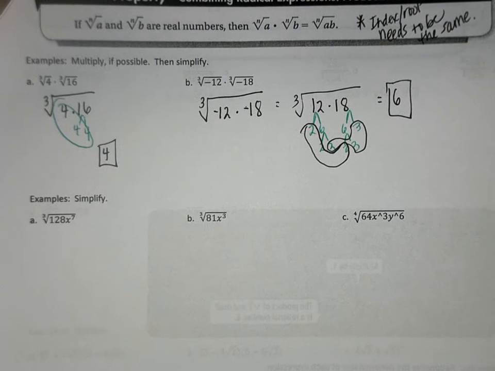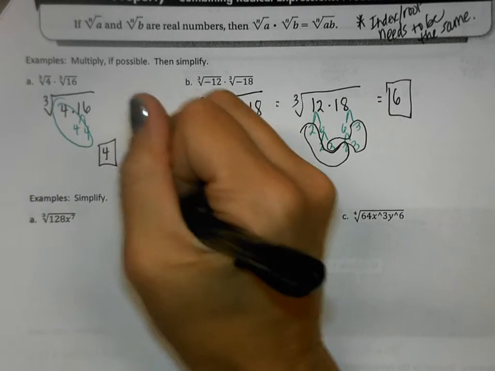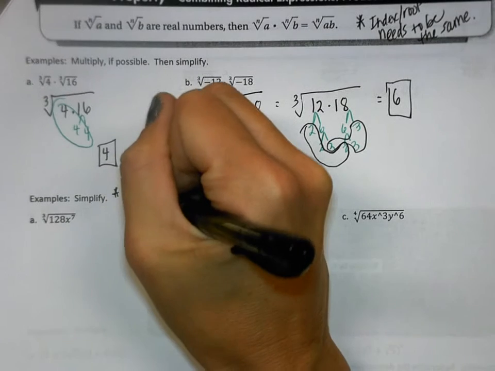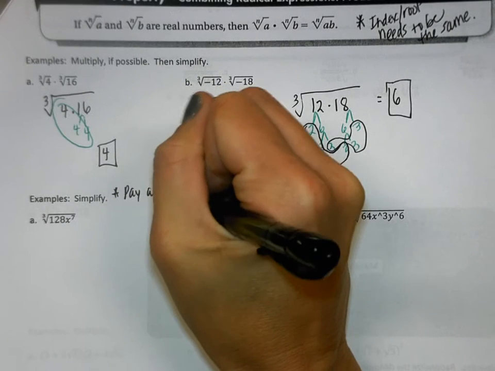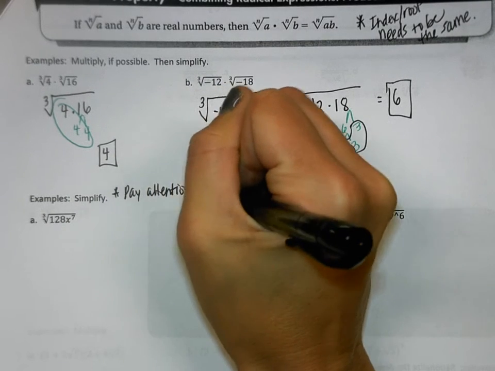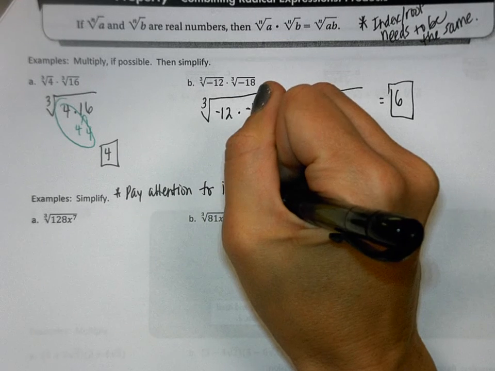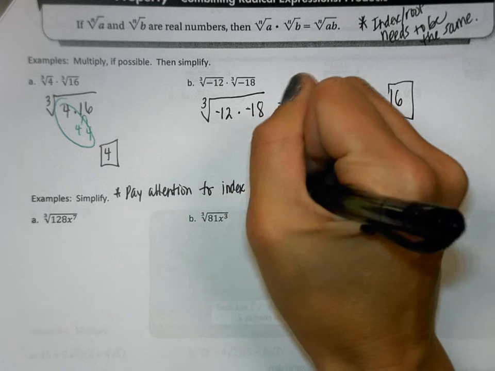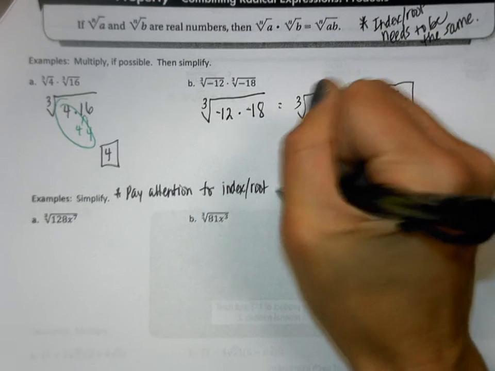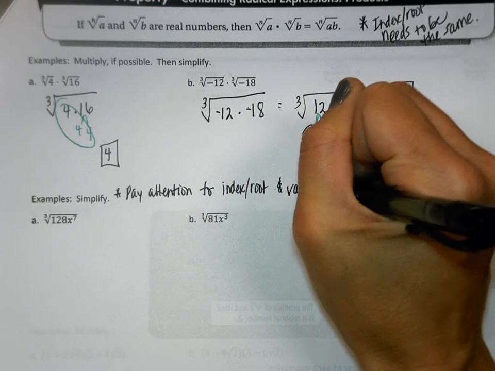Okay, questions? All right, so these next examples are when we're dealing with variables as well. So I'm just going to make a note here to pay attention to index / root and variables.